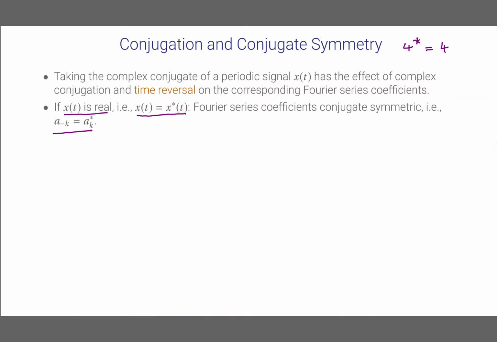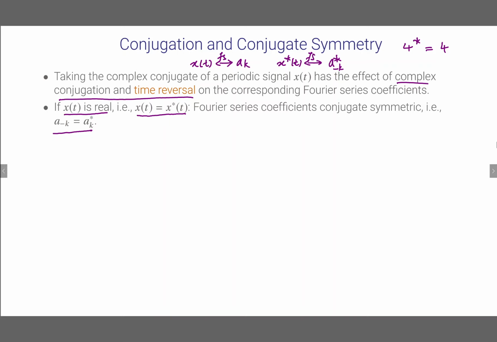Now if x(t) has the Fourier series coefficients a_k, then what this property said was that x*(t) has the Fourier series coefficients a_{-k}*, because complex conjugation and time reversal, actually k reversal, happens.